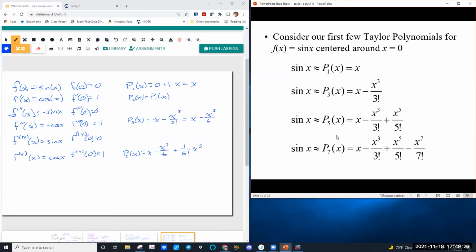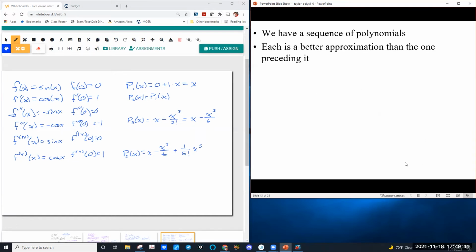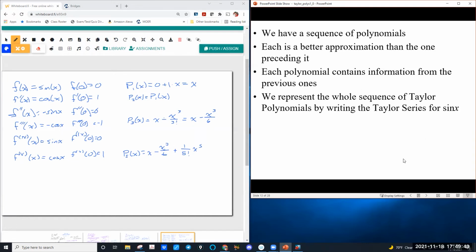Okay, so we saw this. And the nice thing about sine is there's a nice pattern forming here, right? It's an alternating series. The exponents go up by 2 each time, and the denominator factorial goes up by 2 each time. So we can write this up as a series for sine of x as the following.